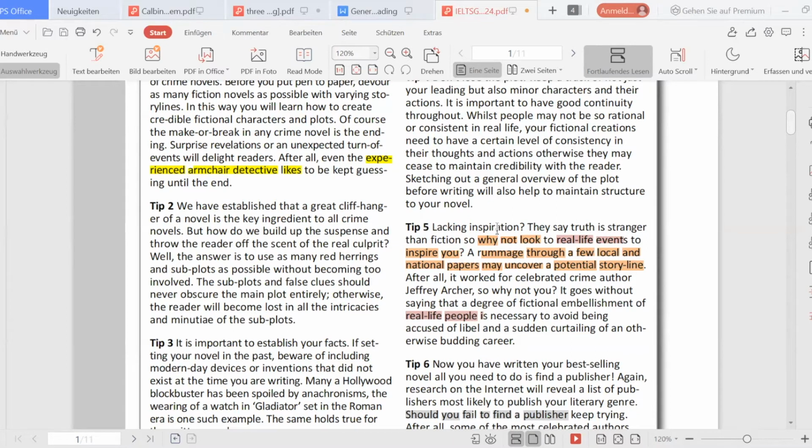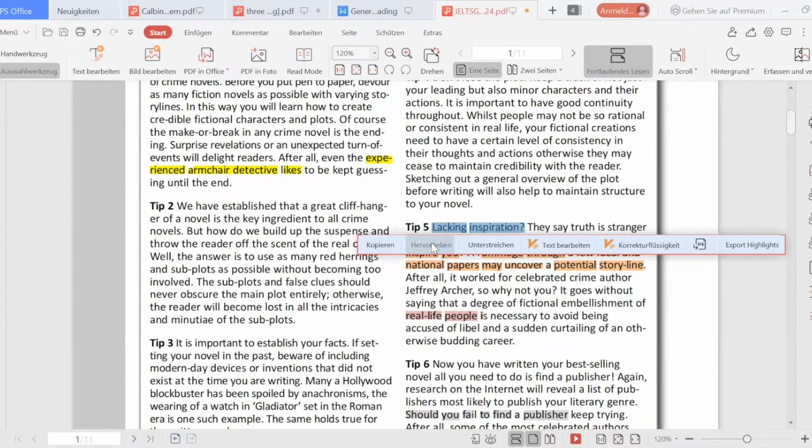Before this sentence, you actually have the sentence, lacking inspiration. It's a question. What does that tell you? Lacking inspiration. It's probably difficult to see as a beginner, all right? But lacking inspiration, the author is asking a question here, and he goes on to talk about what you should do if you lack inspiration.